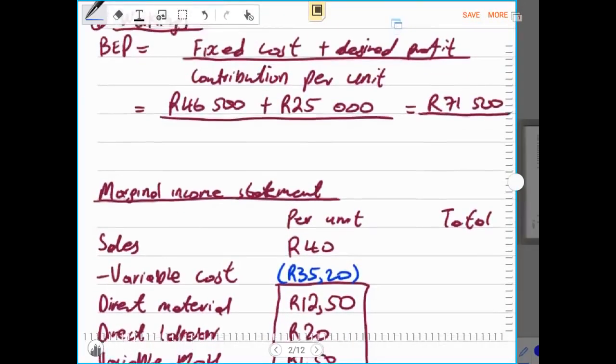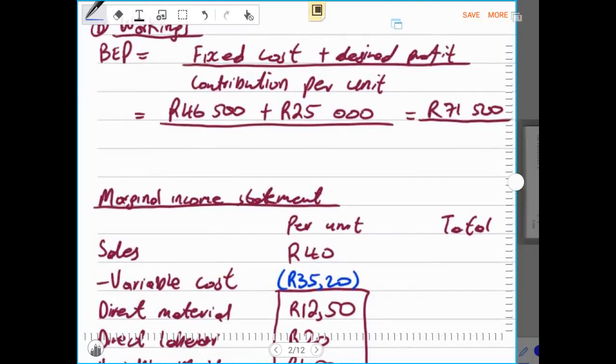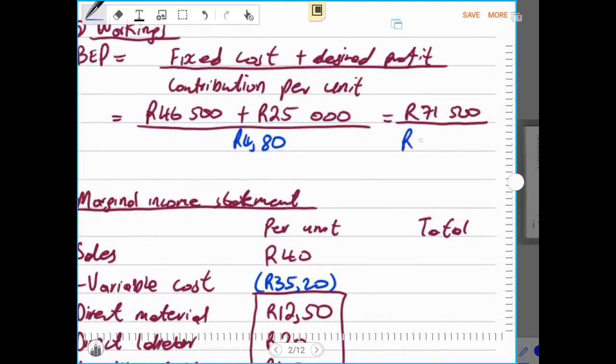And we take the contribution per unit, we divide it into our total cost. We divide it into our fixed cost together with the desired profit of the owner. Then this will be 4 rand 80 cents.